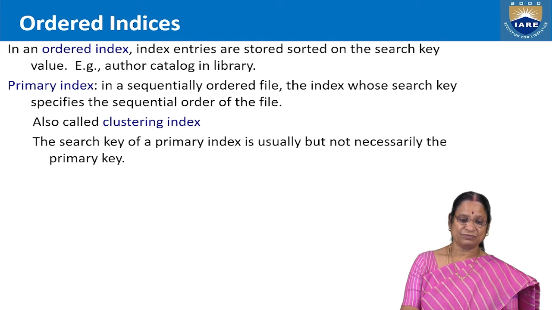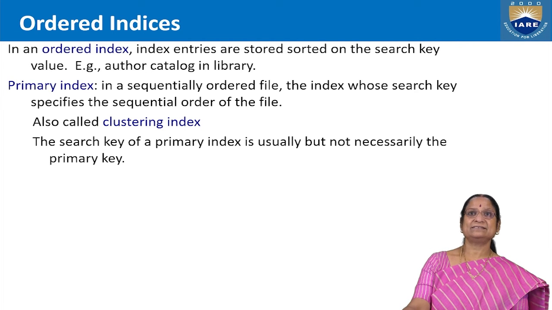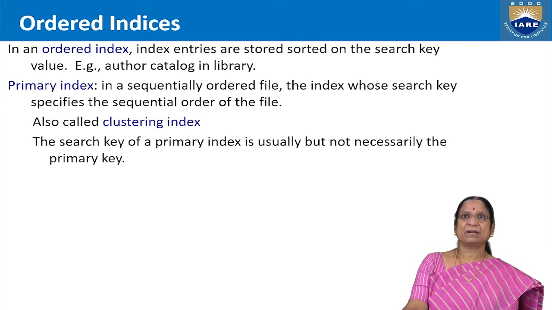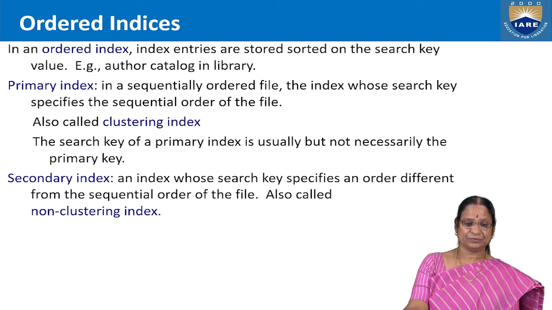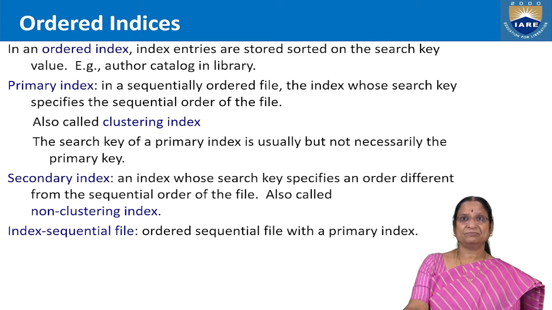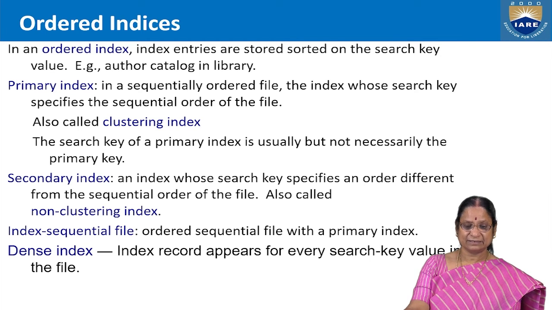These indices are of various types. Ordered index means index entries are in sorted order. A primary index is on a sequentially ordered file, where the search key specifies the sequential order of the file. This is also known as a clustering index. A secondary index is used when the key is not the one that orders the file.